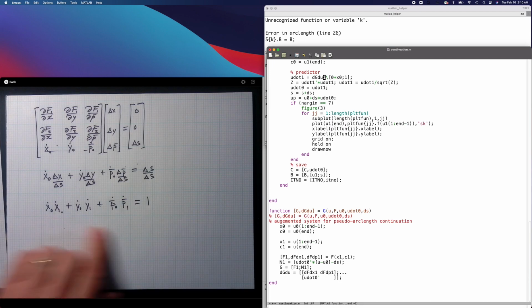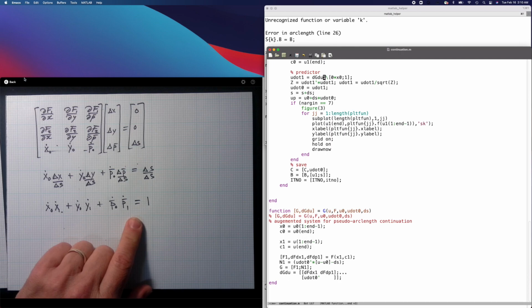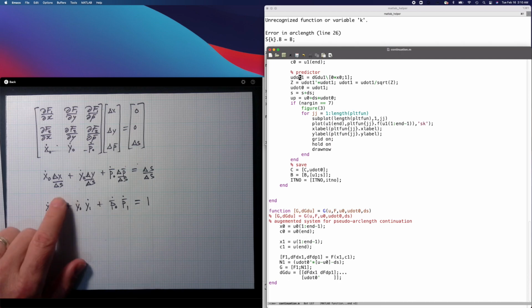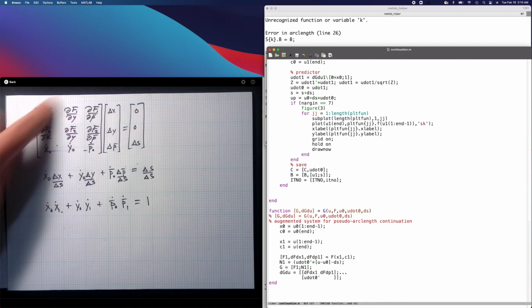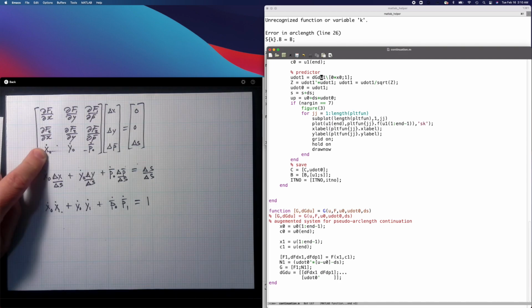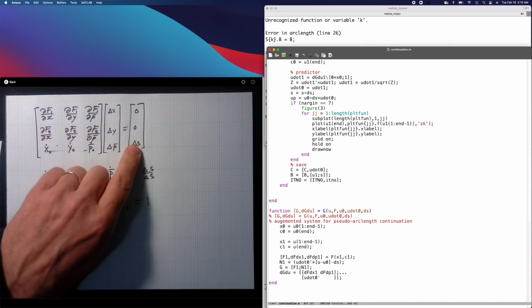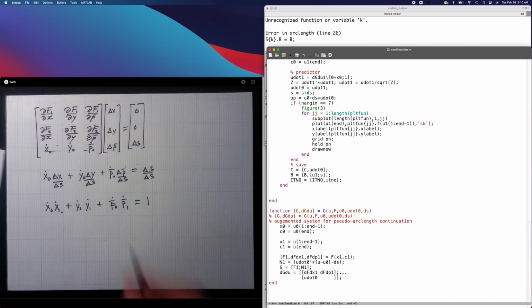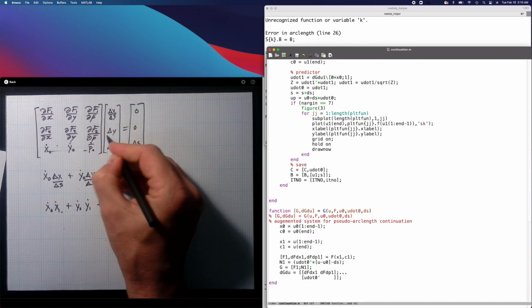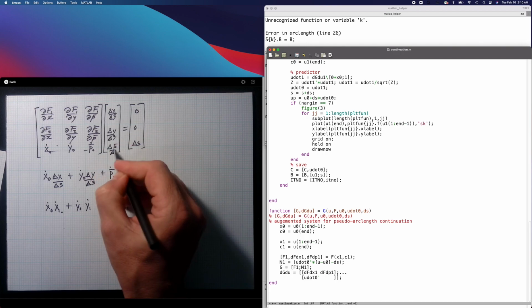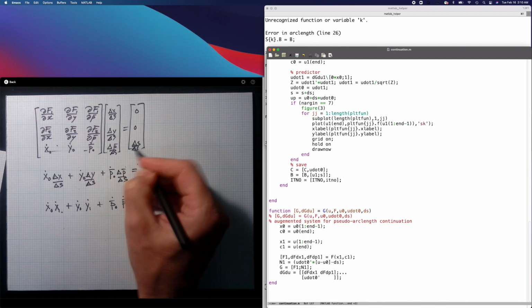And so in the equation over here, I solve for u dot by taking the dG du and inverting it, with 1, 1, 1. I've divided through essentially by delta s, and this makes it a 1.